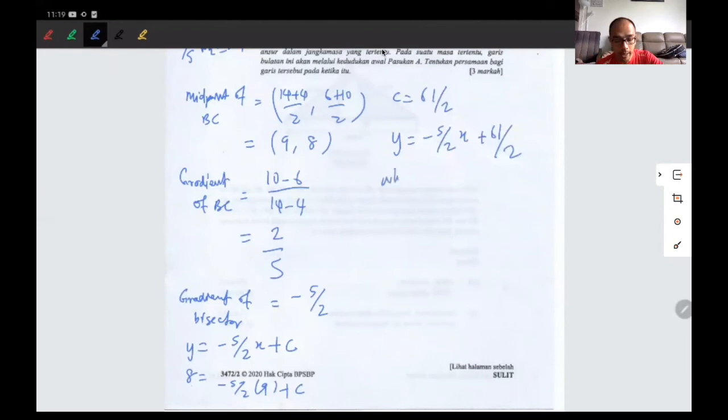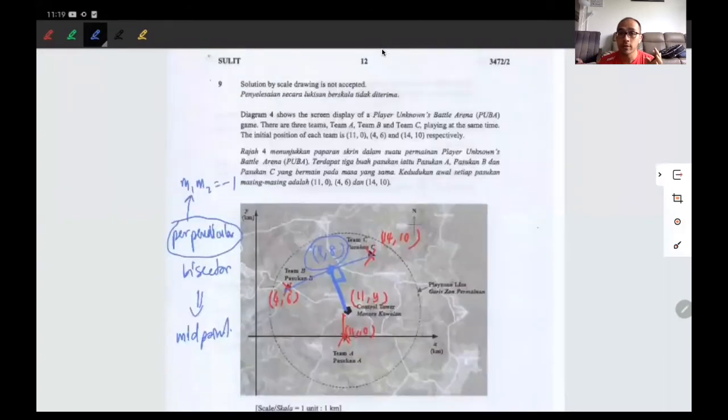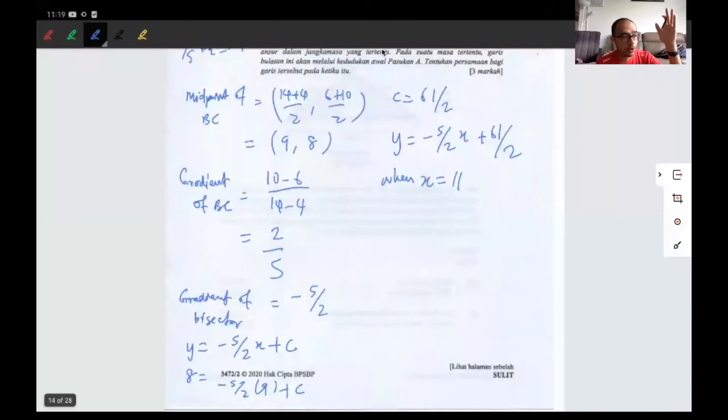And then we finally can find the value of the y coordinate. So when x equals 11, how do you know x equals 11? Because we already determined that it is due north of team A. Even though the picture doesn't look like that, we always follow the question. Due north means directly above.